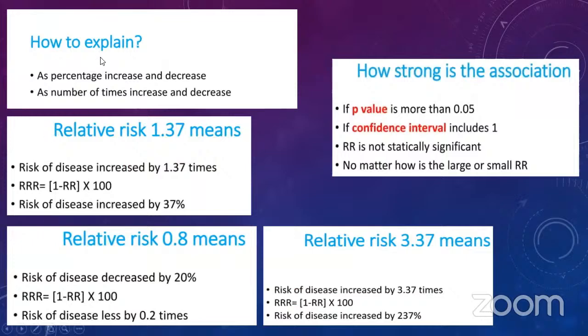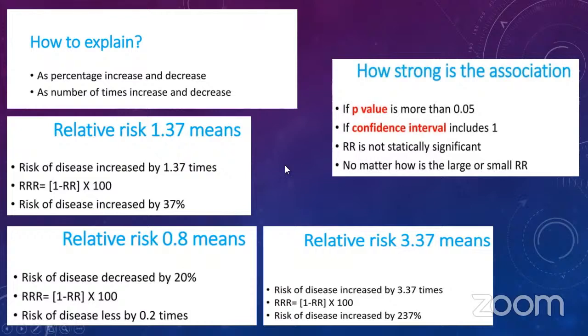So it can be expressed as percentages or as numbers. A risk ratio of 1.37 means, in percentages, 1.37 minus 1, that is a 37% increase. A relative risk of 0.8 means 1 minus 0.8, so that will be a 20% reduction in risk.